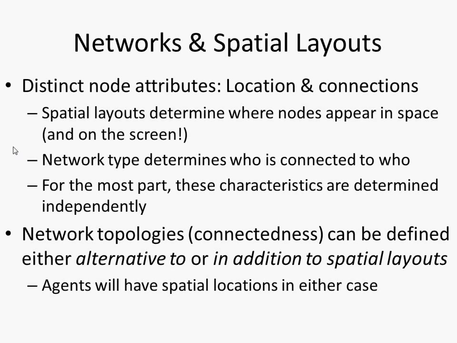So if you're asking, can you have agents that are situated far apart from each other in space, but logically are still connected? Yes, absolutely. And in fact, we'll see lots of examples of that today. You can also have cases where those connections are contingent upon them being located close in space. So you can have either one.